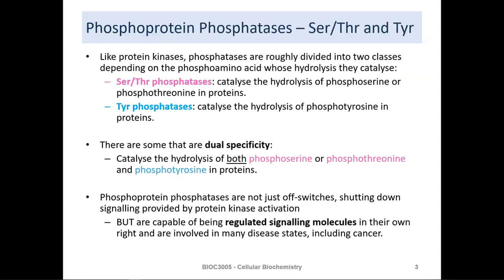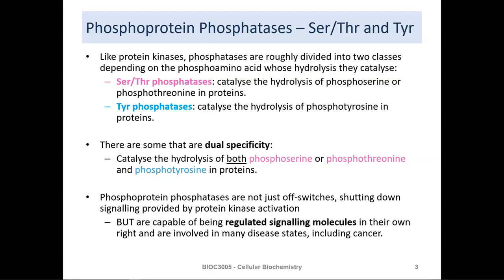Just like with protein kinases in the last lecture, phosphatases are roughly divided into two classes, and this is dependent on the phosphoamino acid whose hydrolysis they catalyze. Serine-threonine phosphatases catalyze the hydrolysis of a phosphoserine or phosphothreonine amino acid in proteins.